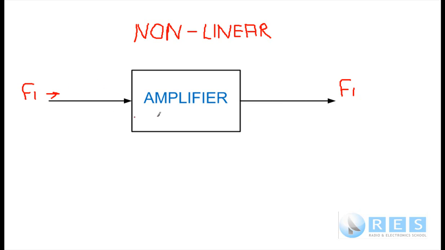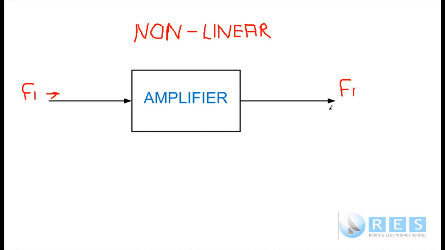For every cycle that I put in, I may only get a pulse out, but those pulses are still at the same frequency as the sine wave. But being non-linear, I'm going to get harmonics of that signal as well.